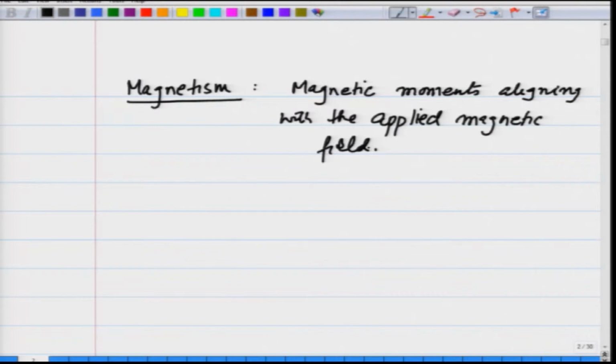It can also arise spontaneously, which is known as ferromagnetism. So, let me just write the categories of magnetism that we have. One, paramagnetism.